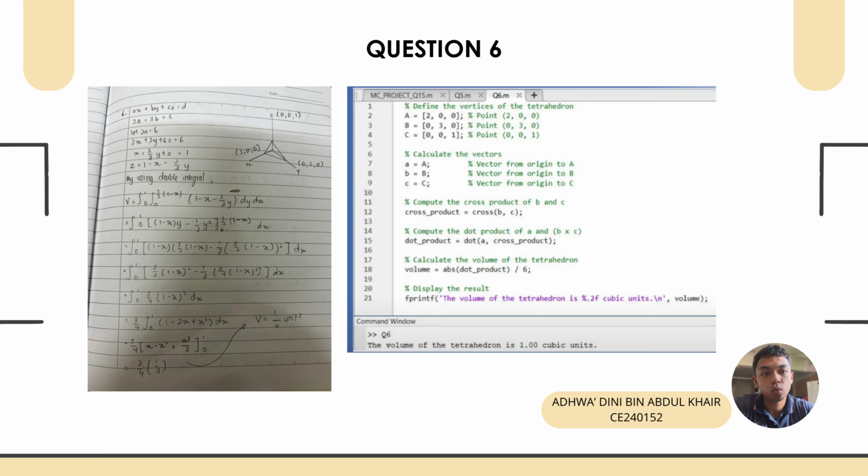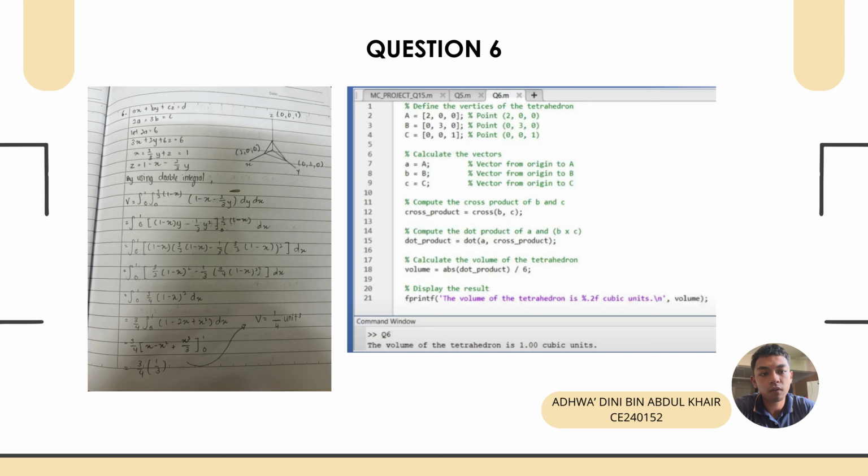We are tasked with finding the volume of a tetrahedron defined by its vertices A equals 200, B equals 030, C equals 001, and the origin O equals 000. The tetrahedron is bounded by these 4 points in 3D space.